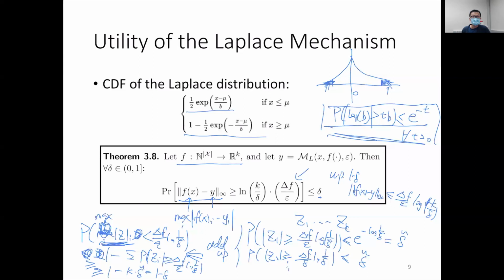Can you not say the maximum one is less than delta? Yes, you can get a slightly tighter bound with 1 minus delta tilde to the power of k, which is slightly tighter than 1 minus k times delta tilde. But 1 minus k times delta tilde is a slightly simpler expression. I hope that answered your question.